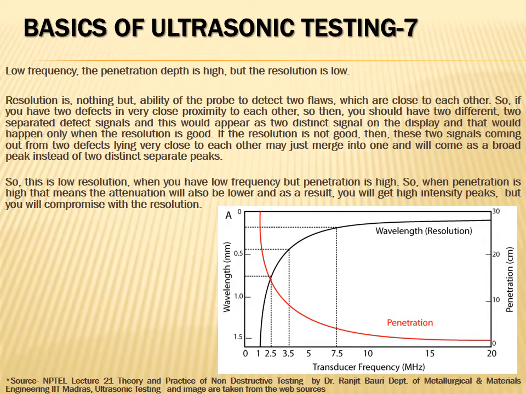At the same time, the resolution is low. Resolution is the ability of a probe to detect two flaws that are close to each other. In the case of low frequency, it is not possible to distinguish defect signals that are close to each other.